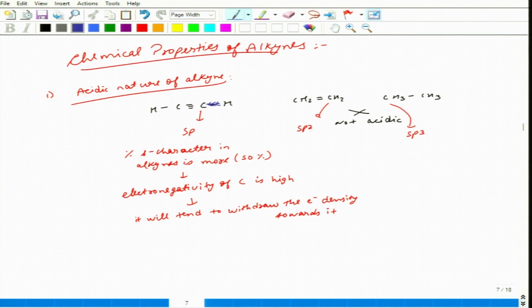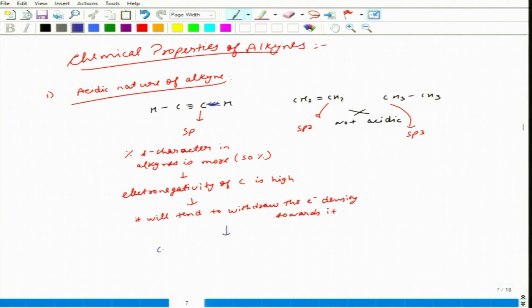The C-H bond becomes weak, which means the molecule is acidic, and it can easily cleave off the hydrogen. That means the C-H bond weakens and behaves acidic in nature.